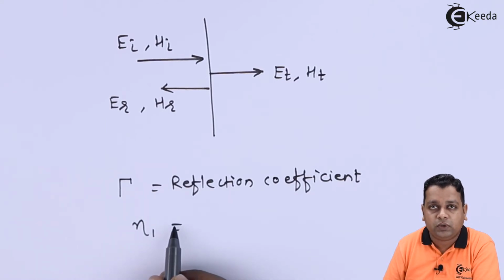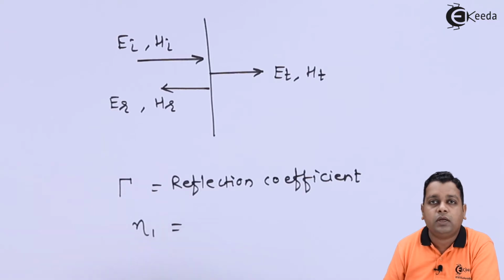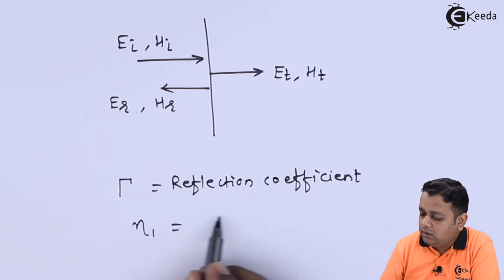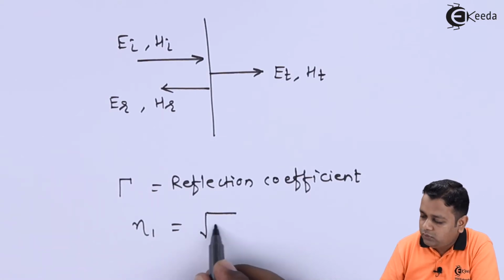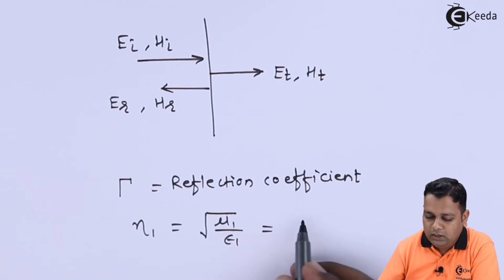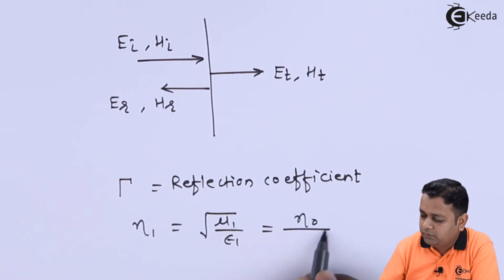So eta suffix 1 is actually the ratio of the magnitude of the electric to that of the magnetic component. Here in terms of the permeability and permittivity, it will be the square root of mu1 divided by epsilon 1, and we can write eta suffix 0 divided by square root of epsilon r1.